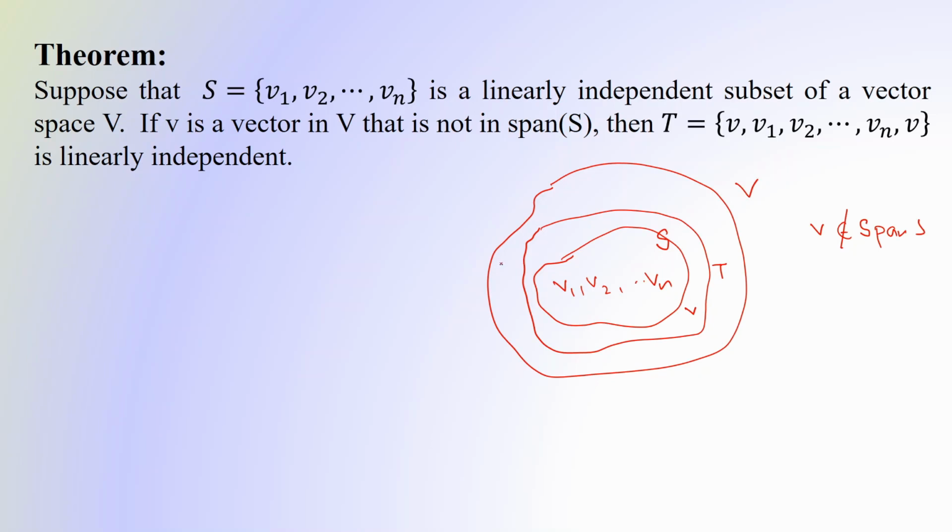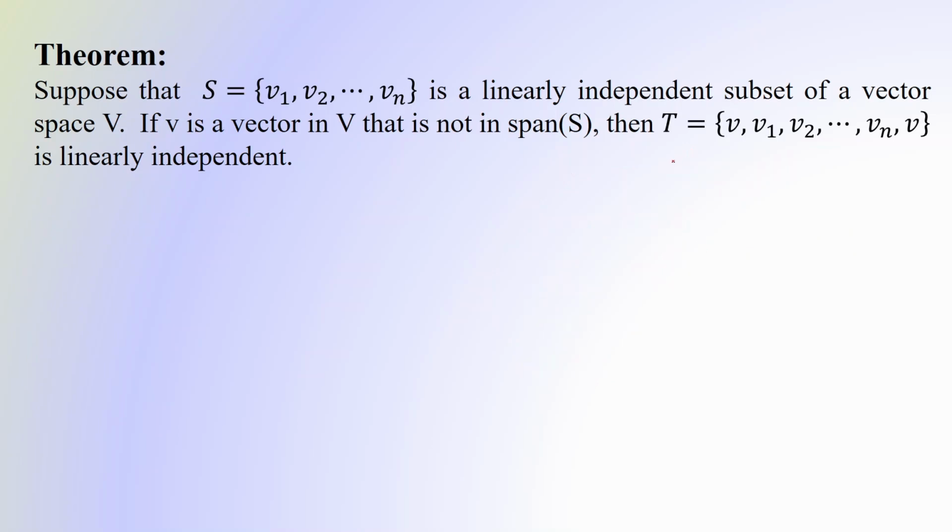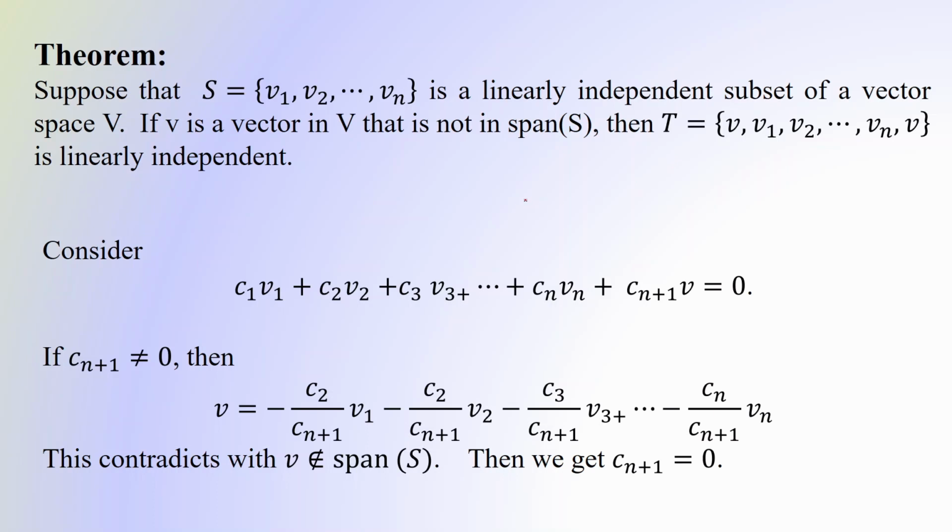So if v1, v2, ..., vn is linearly independent, and if we have another vector which does not belong to the span of S, then if you add this v into S, it will be another collection of vectors. It is also linearly independent. So how can we prove this? We want to prove that T, this set, is linearly independent.